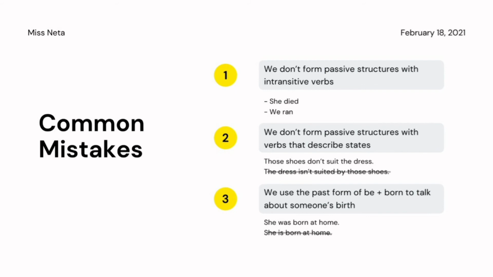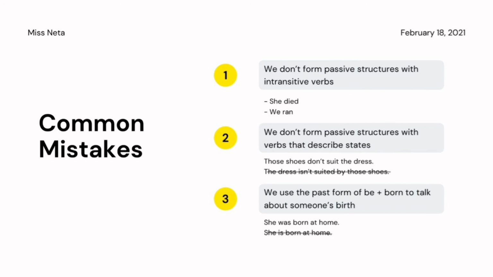Just like in the examples: she died and we ran. There's no object that completes the sentence, because, as we know, a transitive verb is the verb that needs an object to be a complete sentence. So we don't want to do that, okay?